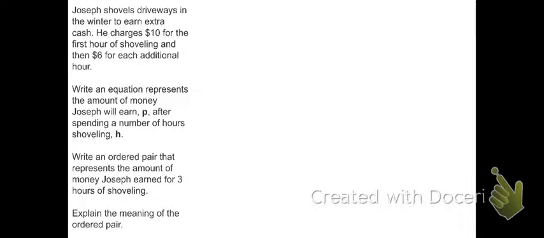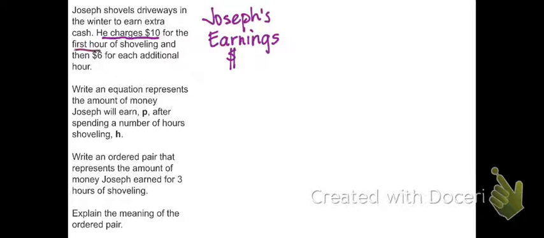So before we get into the equation and variables and whether it's multiplying or adding, where the equal sign goes and all of that, let's think about just Joseph and the basic structure of this equation. How is Joseph going to figure out how much money he earns? Well, it says here that he charges $10 for the first hour.